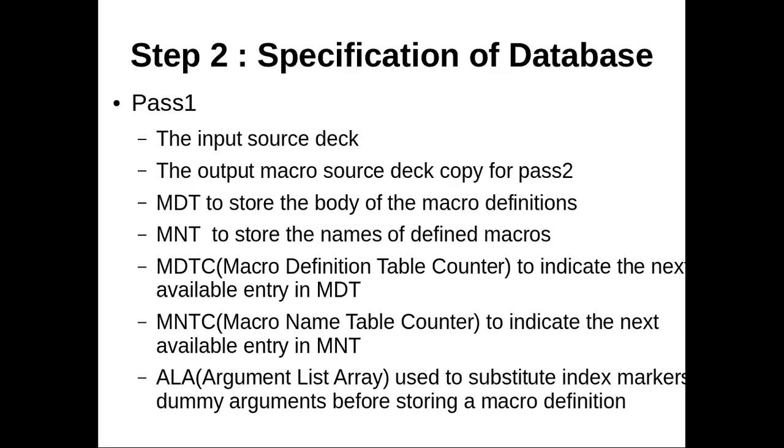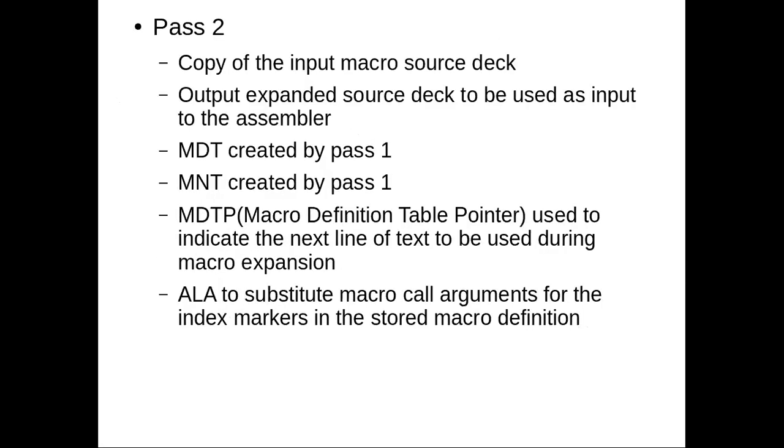I'll repeat: if we are storing a macro definition into memory, the dummy arguments mentioned in the macro definition will be stored as index markers. We will see that in detail in the next step. That is the purpose of the argument list array database in pass 1.